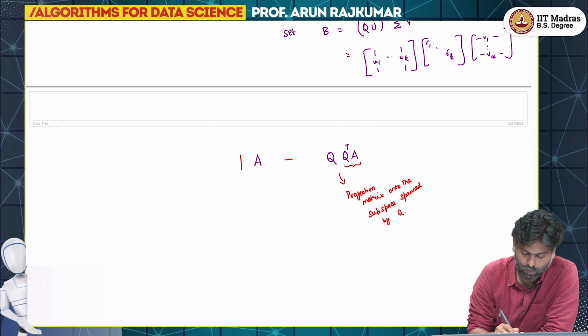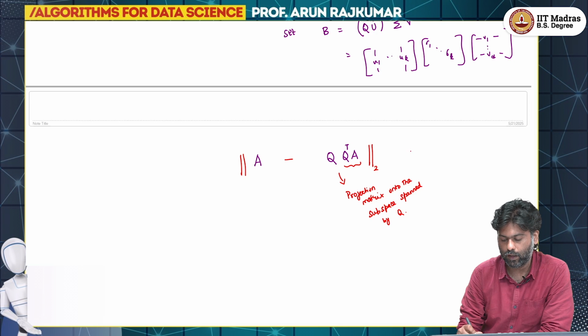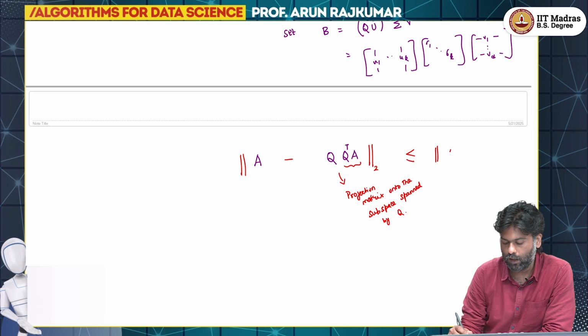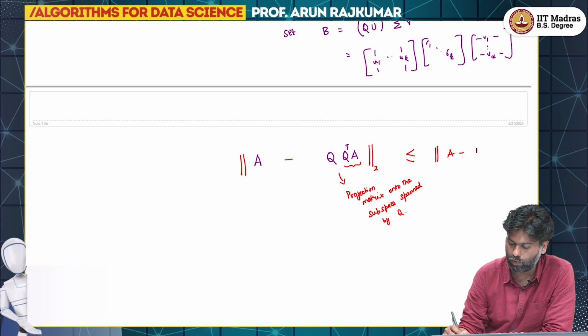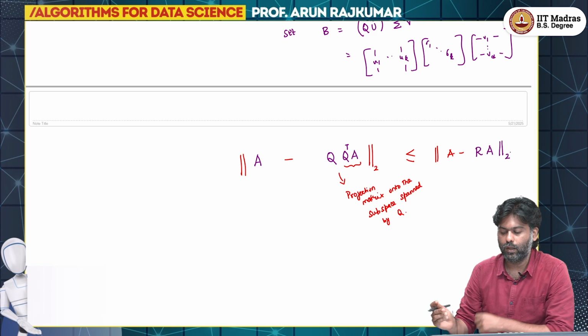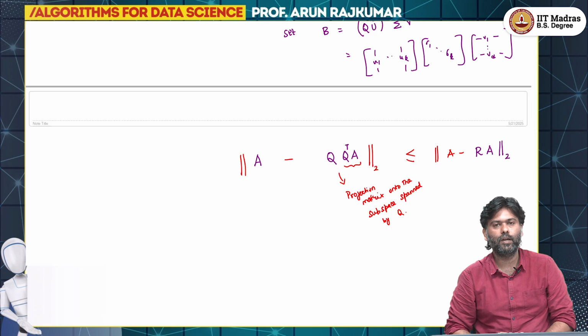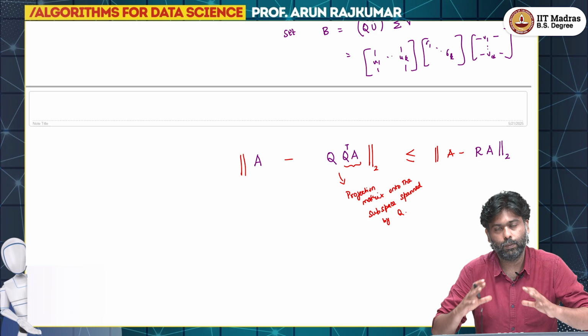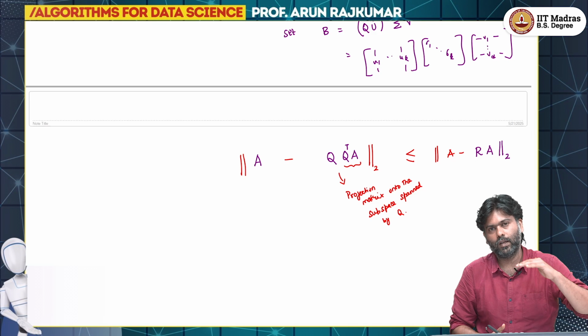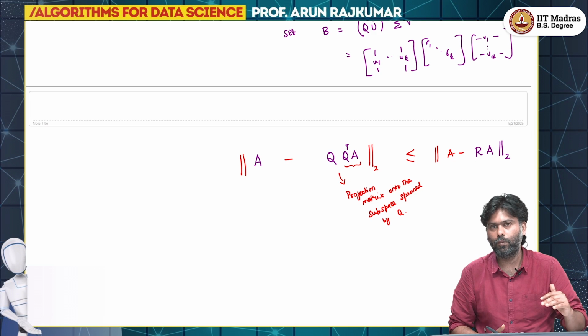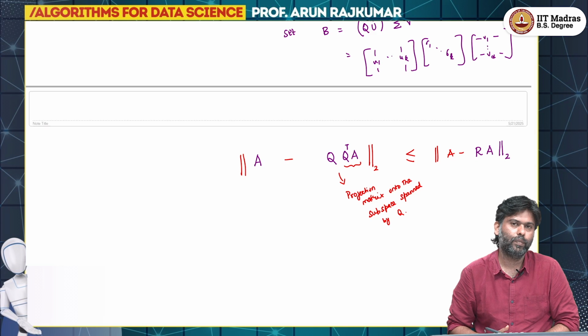This is in fact the smallest that you can get. It has to be smaller than for any other matrix, since I can project onto any subspace and measure the difference that I get. The best subspace to project on, so that you retain as much of your norm as possible using these top K projections, will be this one.